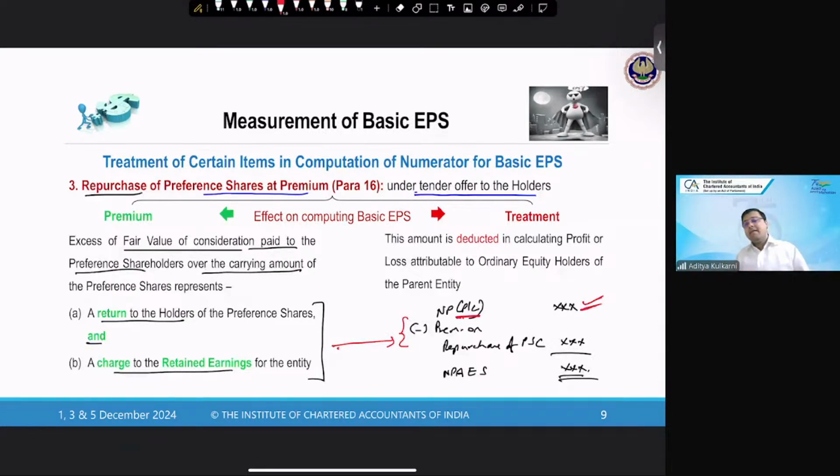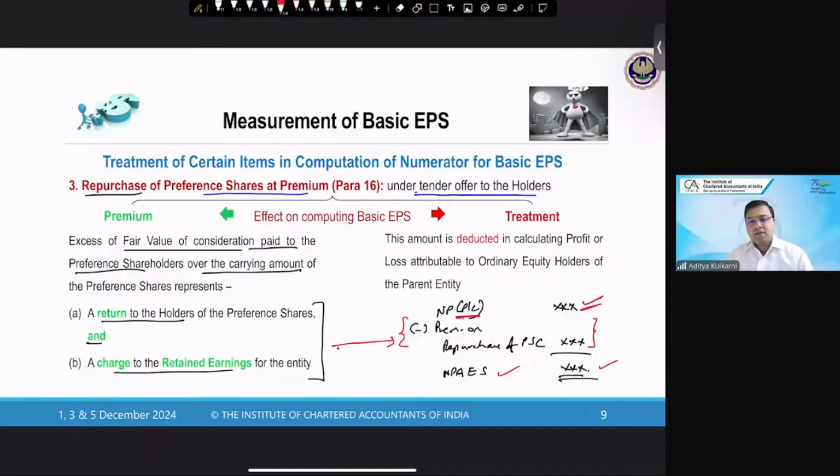But ultimately, where should it be adjusted? Because this has gone from the monies which would otherwise have gone to the equity shareholders. Yes or no? Yes, sir. We will end up deducting this from the net profit as per the P&L. So that gives you the net profit attributable to equity shares. Any doubts?